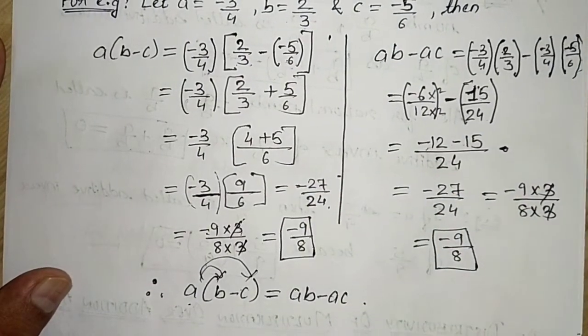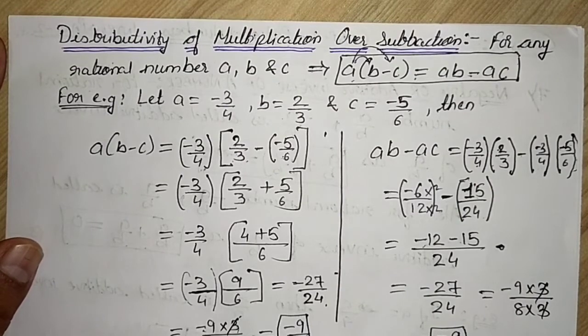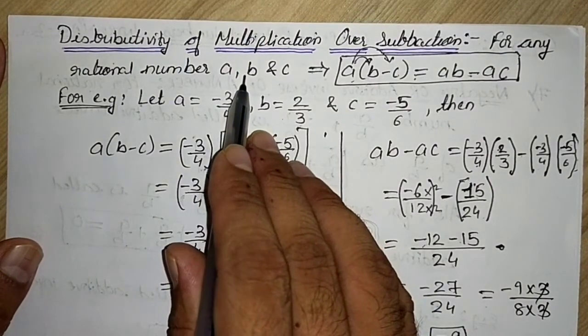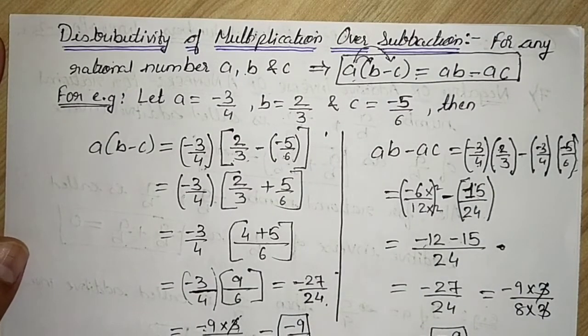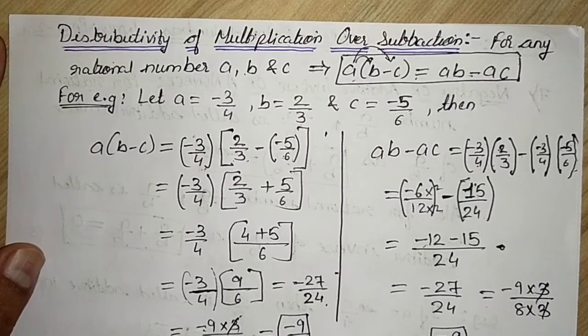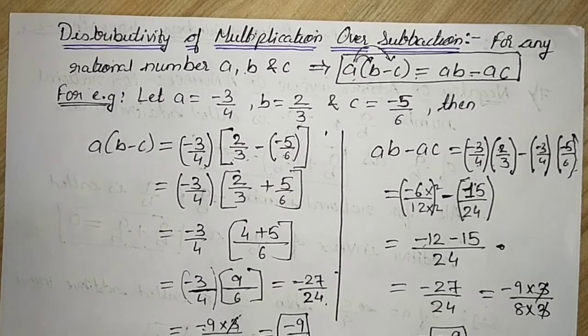The intention is that you understand only the properties. While solving the exercise, we will solve together. But you must understand these 8 properties very well, and for this purpose you must go through them 2 to 3 times so that you can understand them properly. We will meet with exercise 1.1 in future videos.